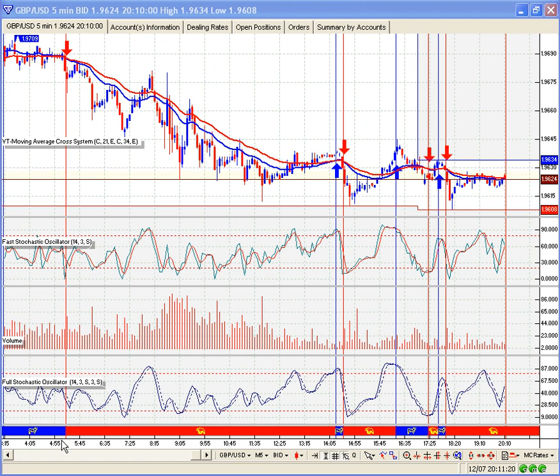So you have seen that from 5 o'clock in the morning to 8 o'clock, if you were going by the moving average crossover system, you would have made only about 70 points.